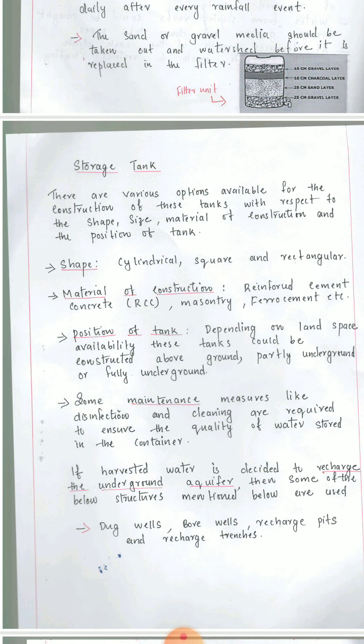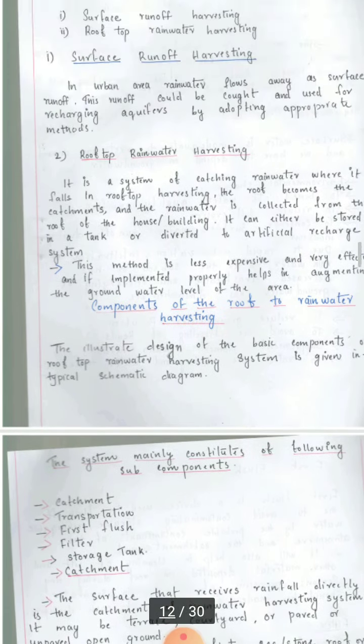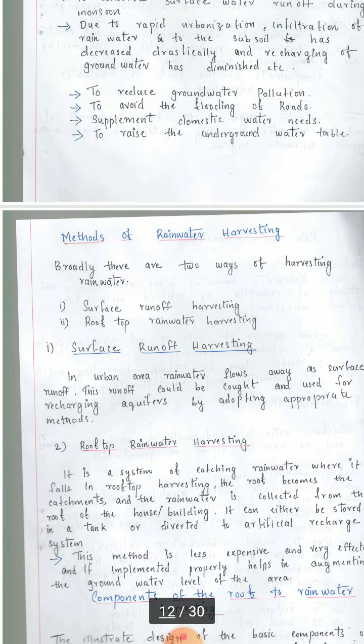We need to go with dug wells, bore wells, recharge pits and recharge trenches. These are some of the structures if we are interested in directly recharging the groundwater. So this is all about the topic called rainwater harvesting and its methods.